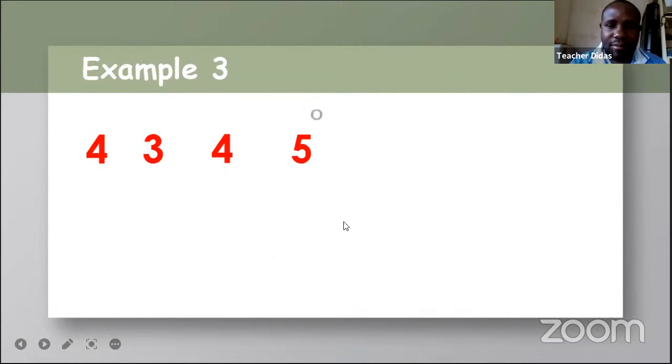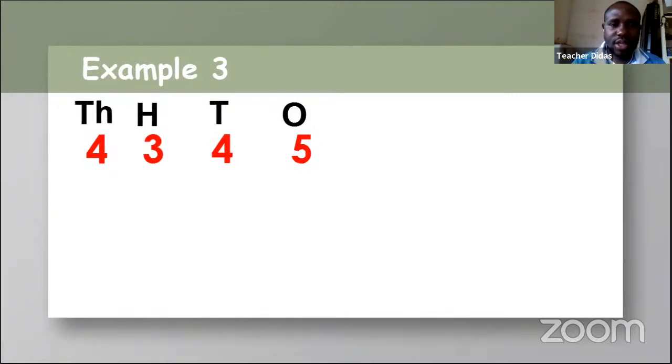The first number is ones. The second one is tens. The third one is hundreds. And the last one is thousands. These letters we are writing here are the first letters of the words.